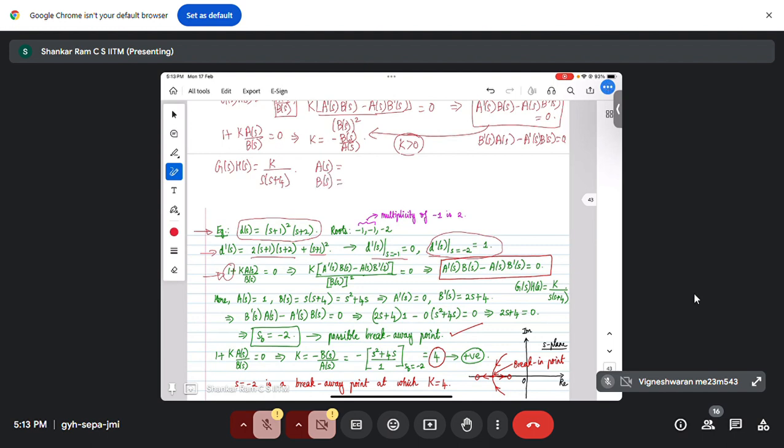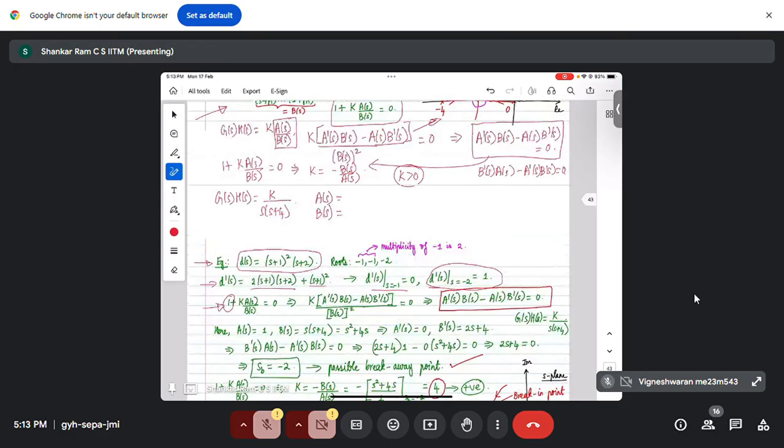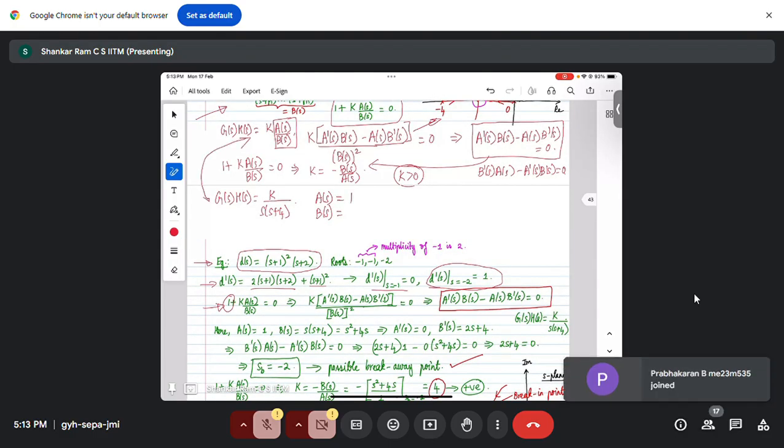Comparing with this, k times A of s is k, but then A of s will become 1, okay? So this is just another canonical form that we are using here, okay? So A of s becomes 1.